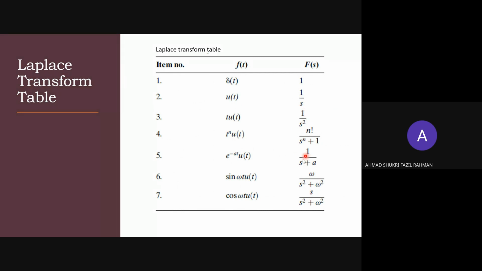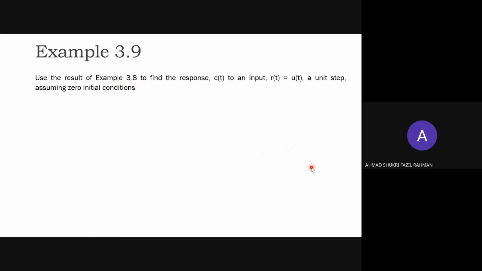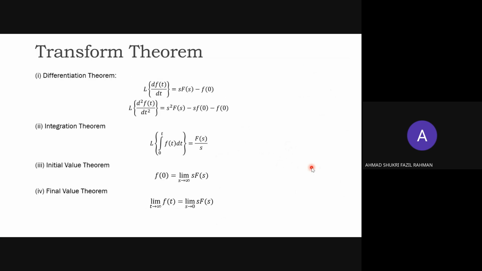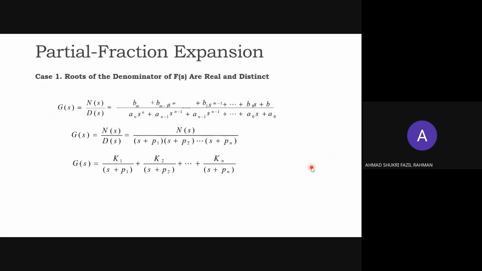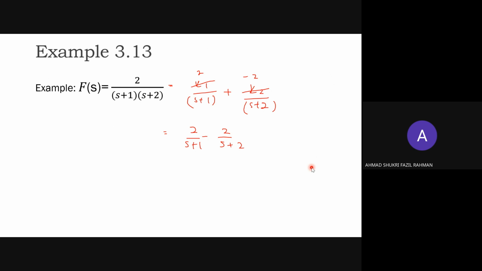Once we have obtained the simple form, we try to compare with the existing table of inverse Laplace. The form is similar to this one, so therefore we can relate with the transform table of inverse Laplace.